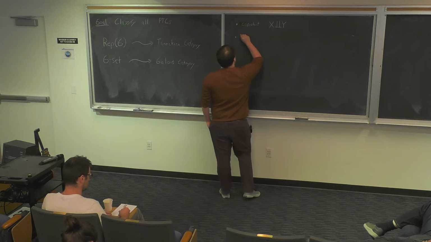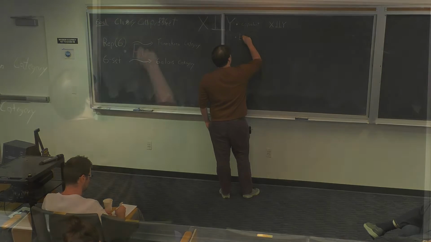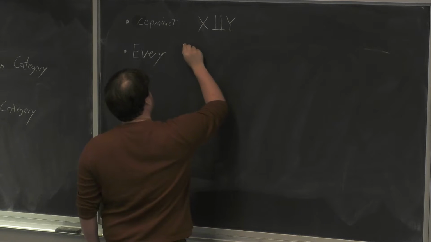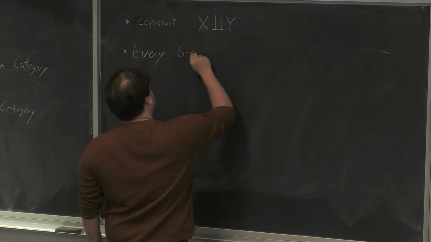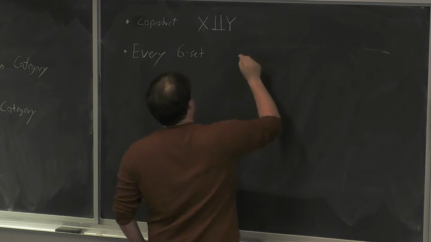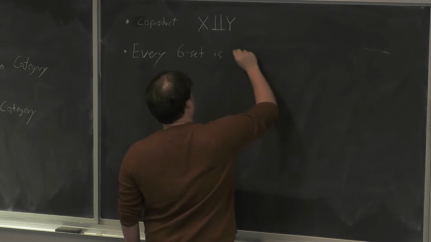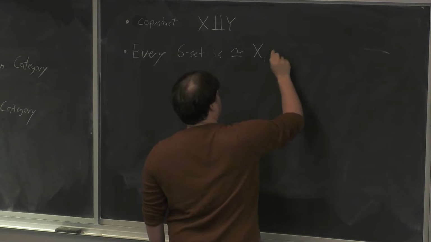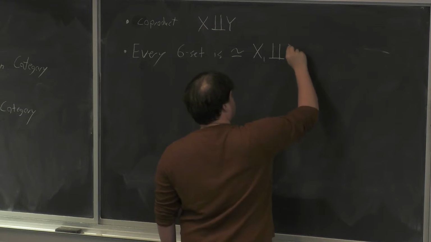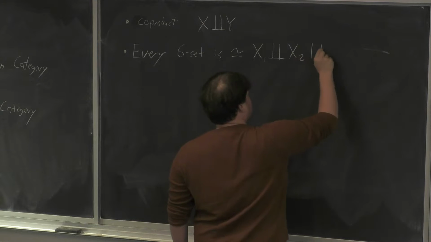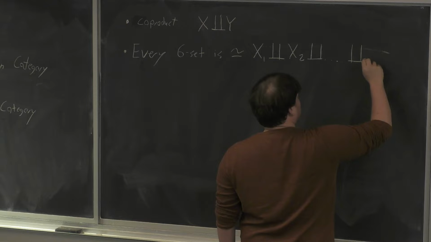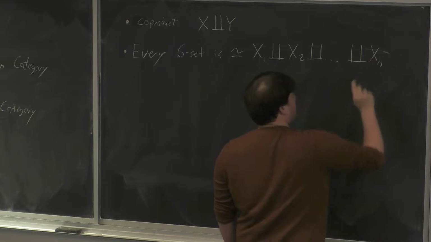So every G set is isomorphic to, I'm going to write it as, x1 disjoint union x2 disjoint union xn.